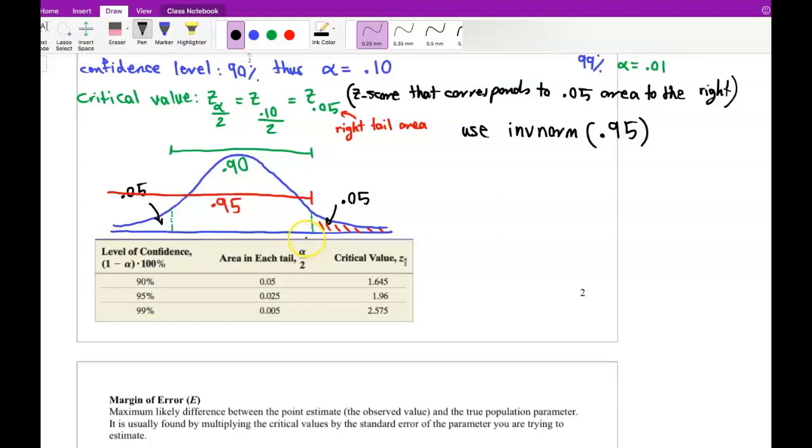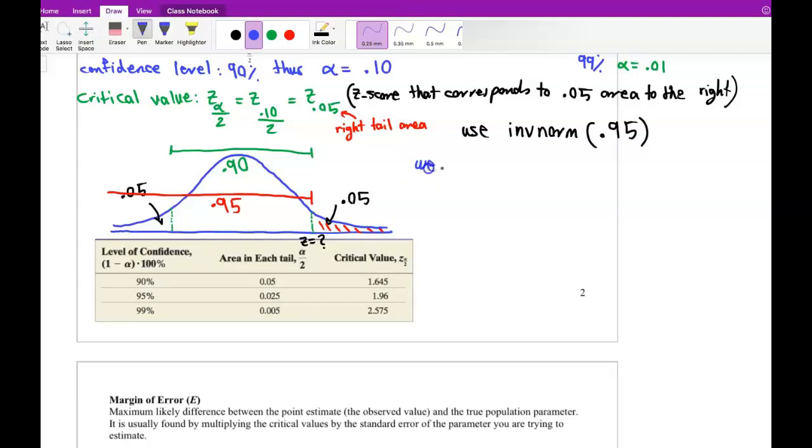Okay, so we wanted to find what z is on this part, and we use table. And consider when the area is 0.95, so I'm just writing that.